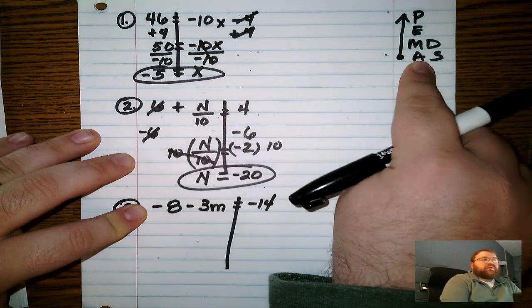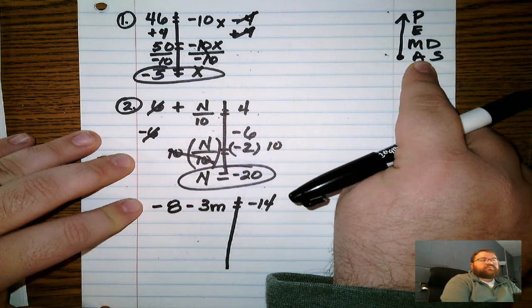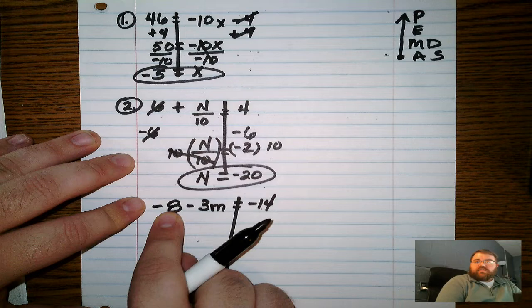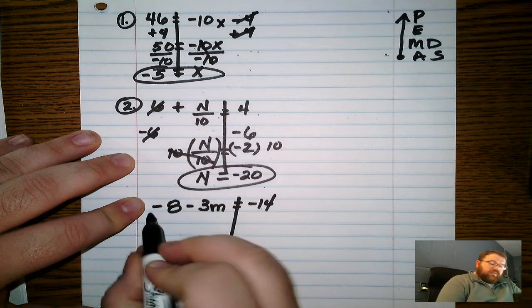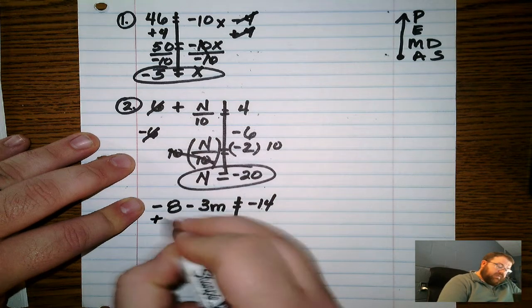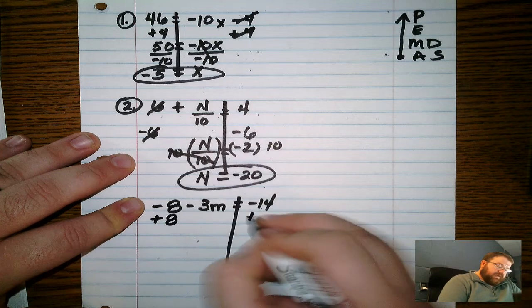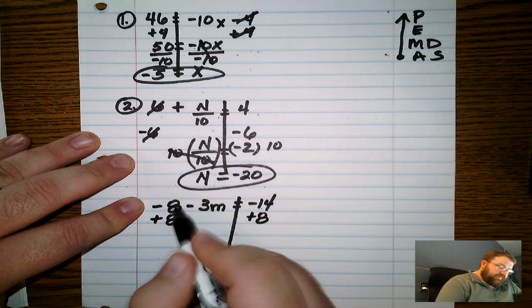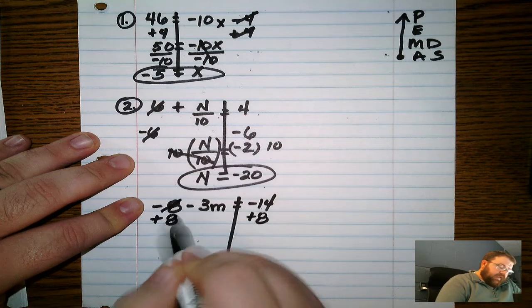So we're going to look at our order of operations. We're going to look and see that we have addition or subtraction. We have subtraction here. Opposite of negative 8 is plus 8. I'm going to add 8 to both sides of the equal sign. These cancel.